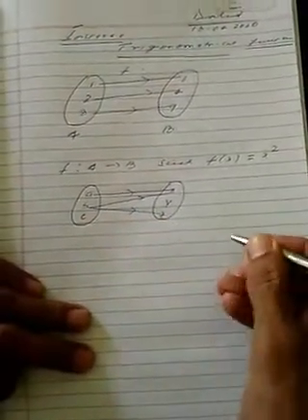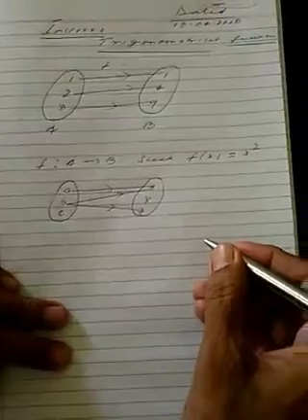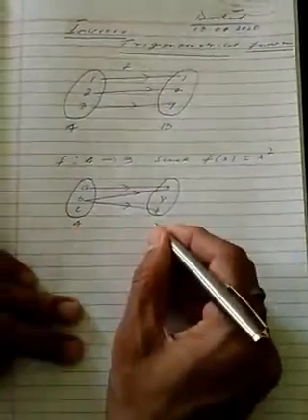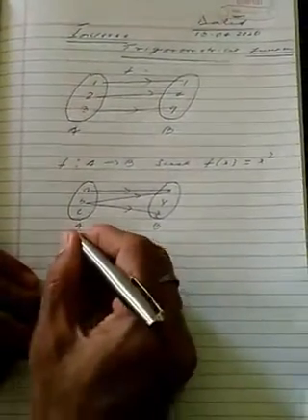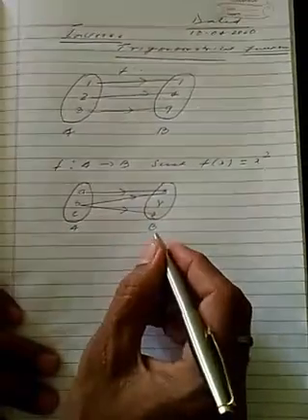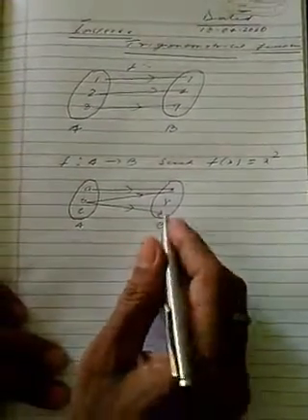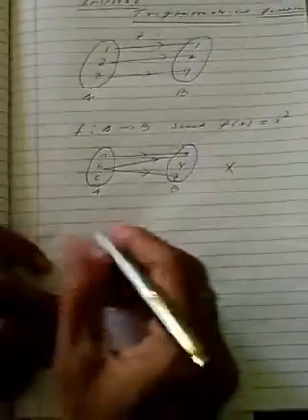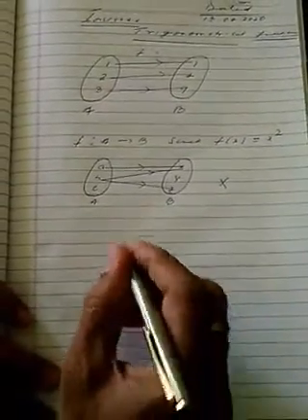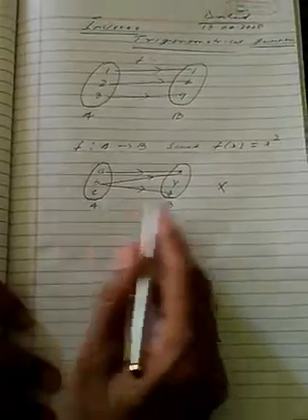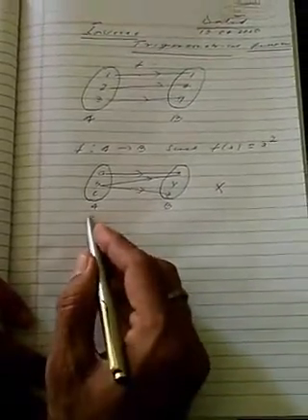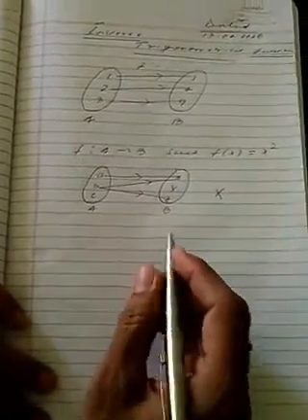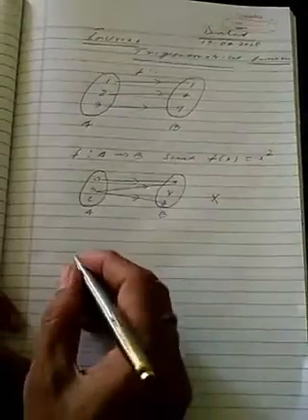What exactly are we seeing? This relation is not well defined, because every member of set A does not have a unique image in set B. So this is not a function, because for a function the relation must be well defined. Here the relation between set A and set B is not well defined. This is not a function.